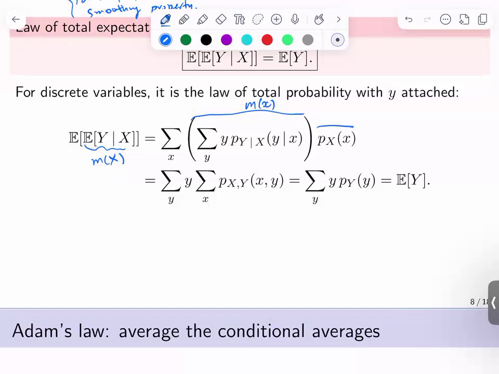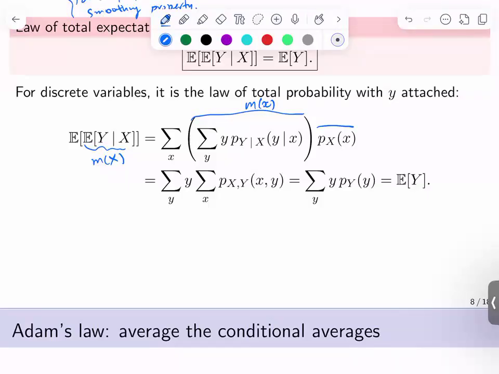Here we're assuming things are discrete, but you could do it with integrals as well. I'm doing it with the discrete because I want to interchange the summations or the integrations. In the discrete case, there's no condition. In the continuous case, you have to worry a little bit about whether you can interchange the integrals. But anyway, so this is the definition of.